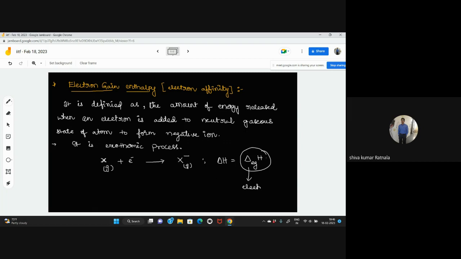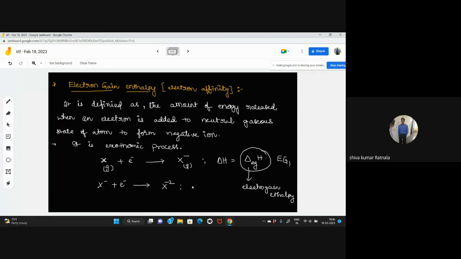Understood what I'm trying to say? If I take this first one and add one more electron, we call it electron gain enthalpy 1. If we add one more electron to X minus, it will form X minus 2.